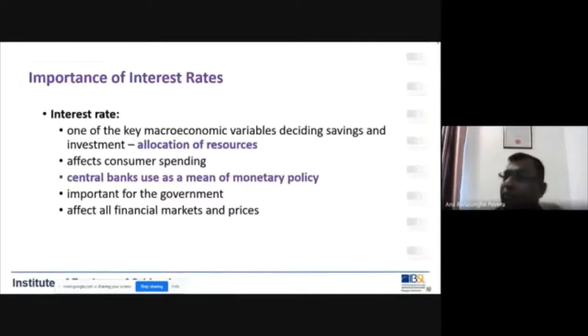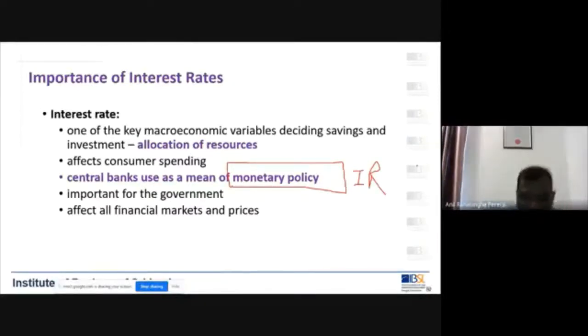Interest rate is very important for the central bank as well. I already mentioned to you, the central bank is conducting monetary policy. Monetary policy in modern times is implemented mainly through interest rates. Remember last week in our discussion, I told you central banks have various monetary policy tools.